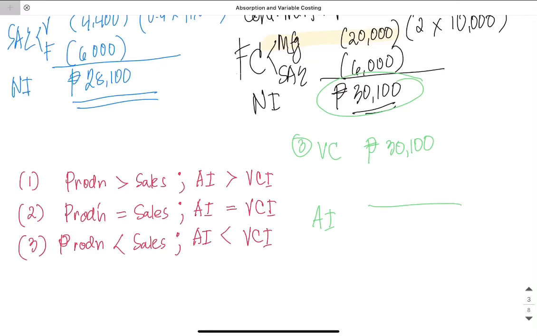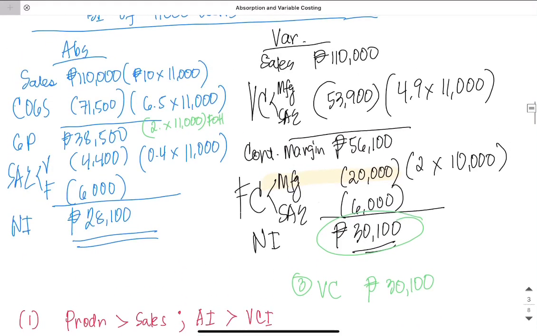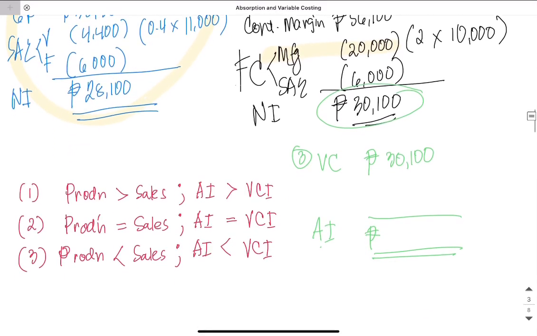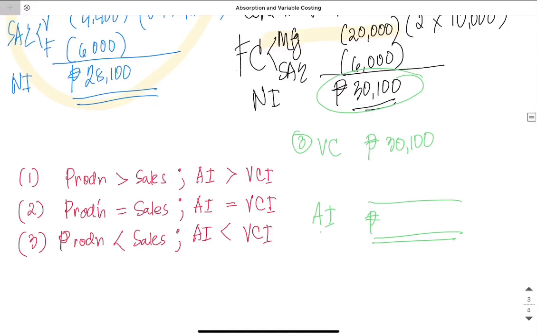So how are we going to reconcile? How do we determine the income under absorption costing without doing all of this? Remember that the difference lies in the fixed overhead cost, and it's because of the difference in production and sales.